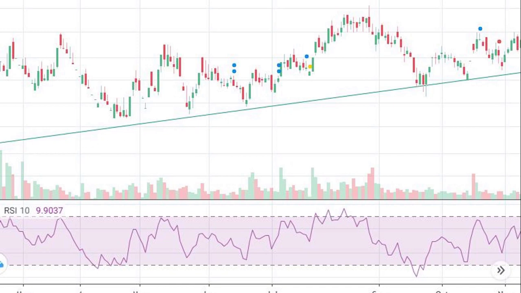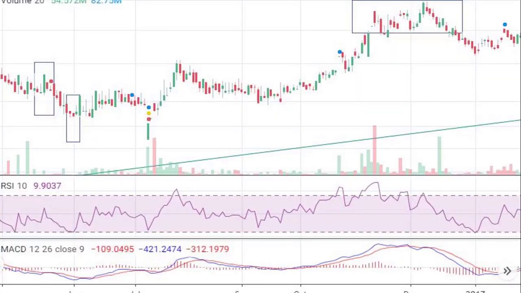This is a combination of the RSI indicator and support line that you can use in your trading.